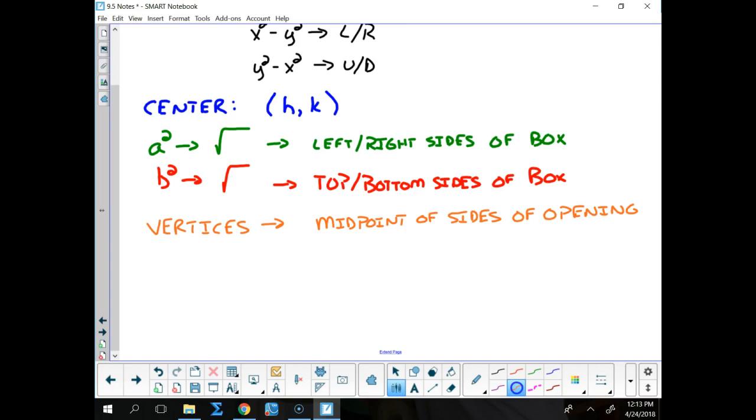Okay? We don't have a major and a minor axis in a hyperbola. So we can't just go off of longest side, shortest side. We gotta go off the direction of opening. Make sure you tell Macy that too. Okay? What else do we need?